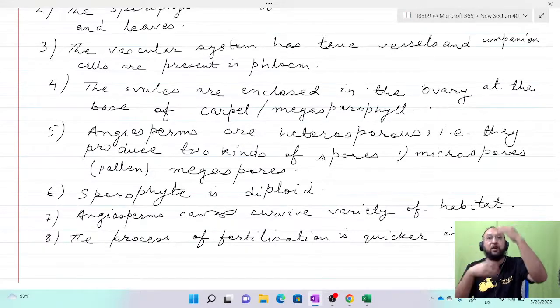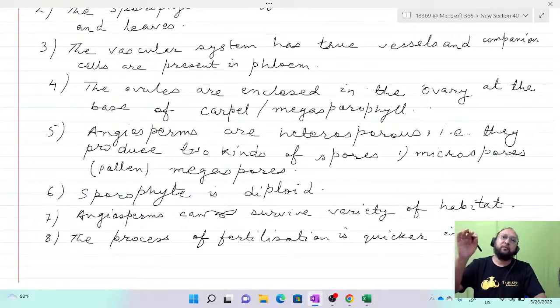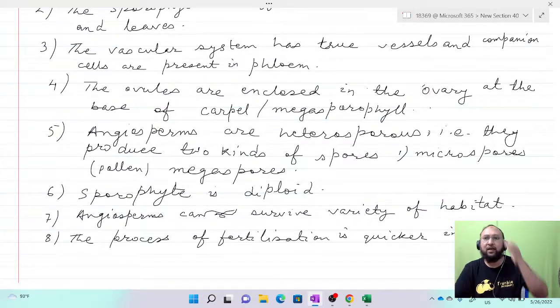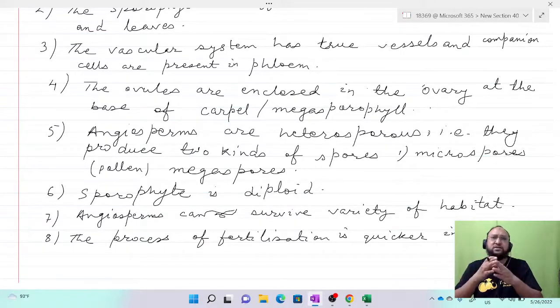And some other modes of pollination are also found, where pollination is done by the blowing of wind, the anemophily, or by insects, that is the entomophily. So all these advanced features make angiospermic plants superior to the other groups of plants.